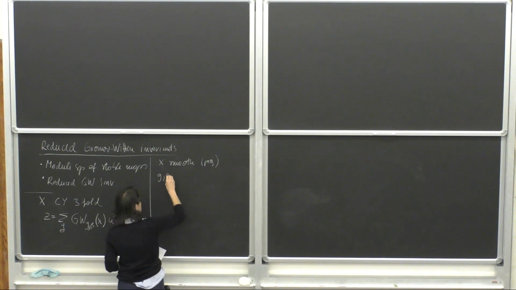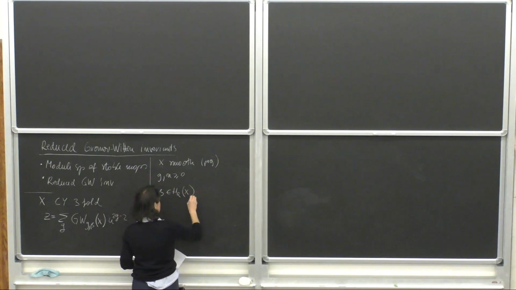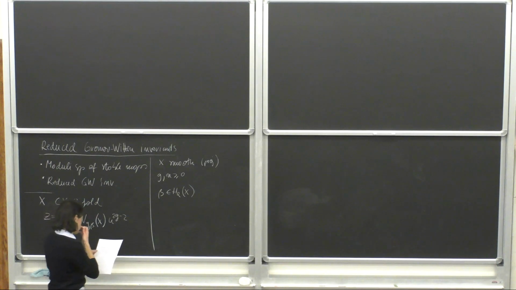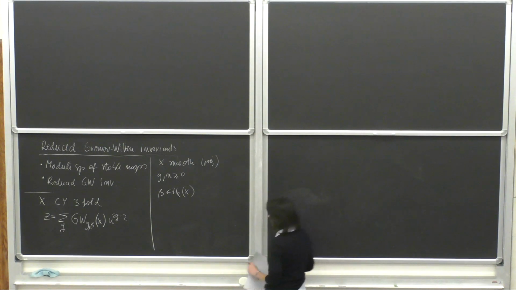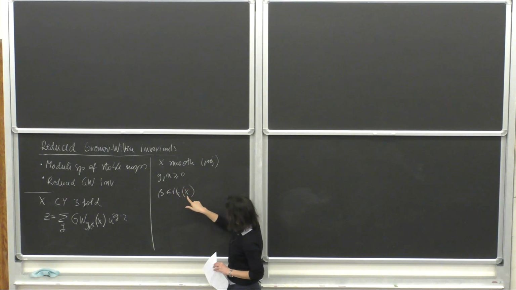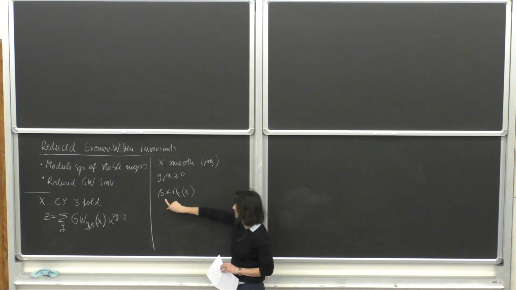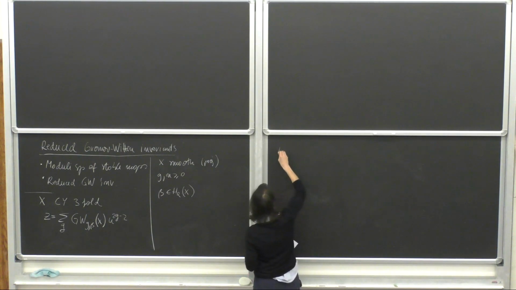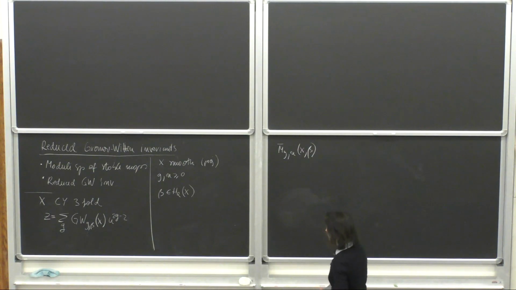I will fix some positive numbers, and I will fix a homology class of a curve inside X. And what I'm interested in is to look at all curves of genus g in X of type beta. And I'll be looking at a space which is written in a complicated way.